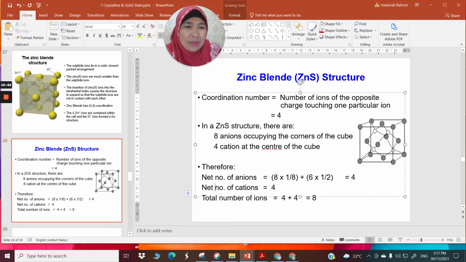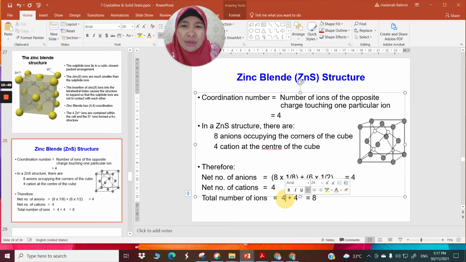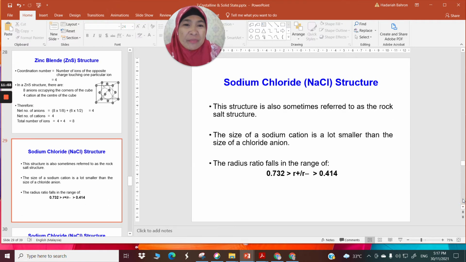The number of cations, the 4 right in the middle, is equal to 4 times 1. So the total number of ions is 4 cations and 4 anions, altogether 8 ions in 1 unit cell for the zinc blende, when you have the cation so much smaller than your anions.